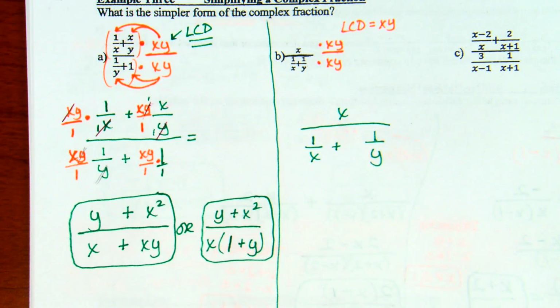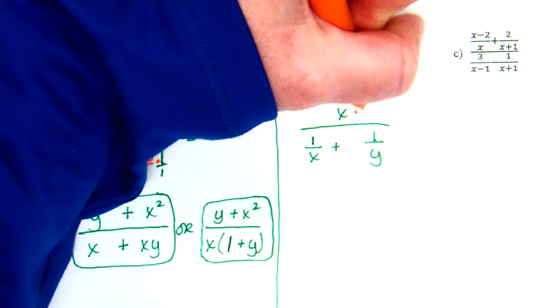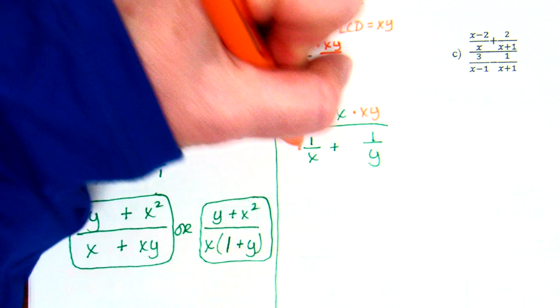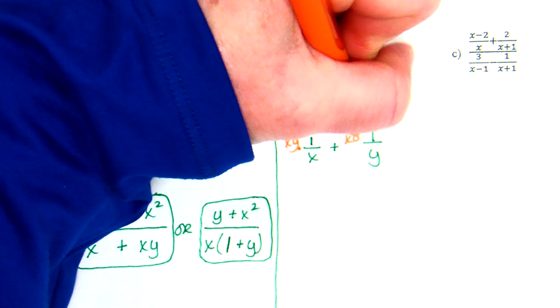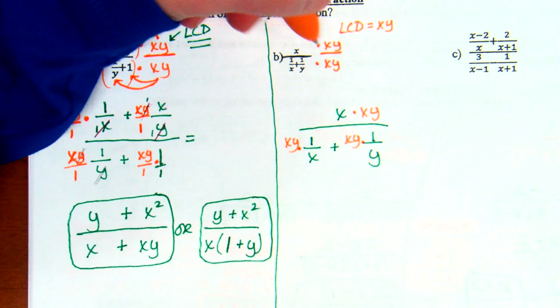Okay, so what am I going to do with each of these pieces? I'm going to take xy and multiply, right? So I'm going to multiply by xy on top. On bottom, I'm going to multiply each term by xy. That's me essentially trying to show you that we are distributing.